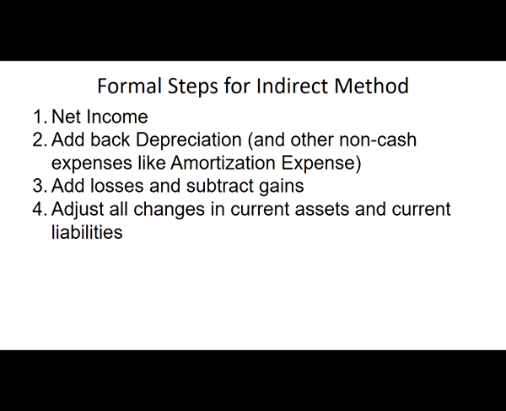All right, so adjust all changes in current assets and current liabilities. For the assets especially, if you look at the different types of items that are in the operating activities section, for instance, take revenues and cash from customers. So if we go from revenues to cash from customers, obviously net income includes those revenues.